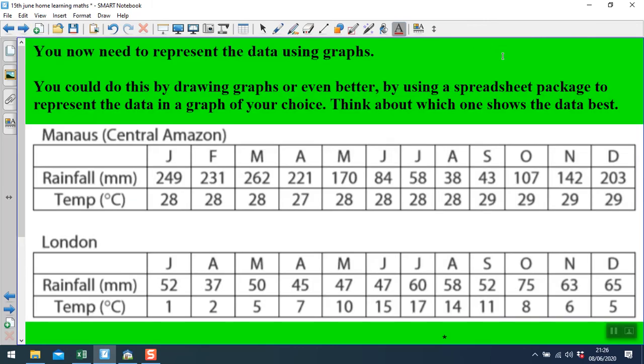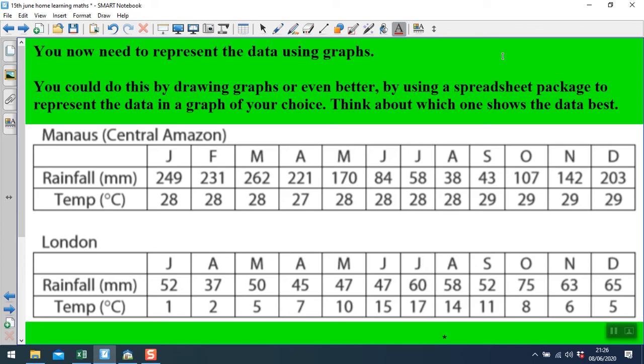You now need to represent the data using a graph. You could do this by drawing graphs, or even better, by using a spreadsheet package to represent the data in a graph of your choice. Think about which one shows the data the best. You could put everything in one bar chart and have a coloured section for rainfall.